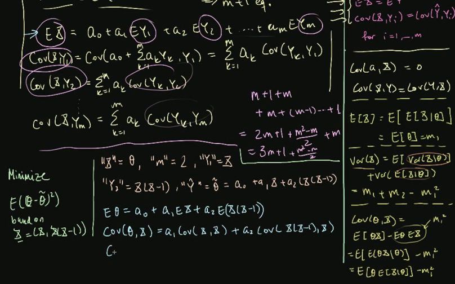And then we have the last equation, the third equation. We only have 3 equations because we only have these 2 data points. So the covariance of theta and the second data point, which is x multiplied by x minus 1, that has to be equal to a1 multiplied by the covariance of the first data point with the second data point, plus a2 multiplied by the covariance of the second data point with itself.